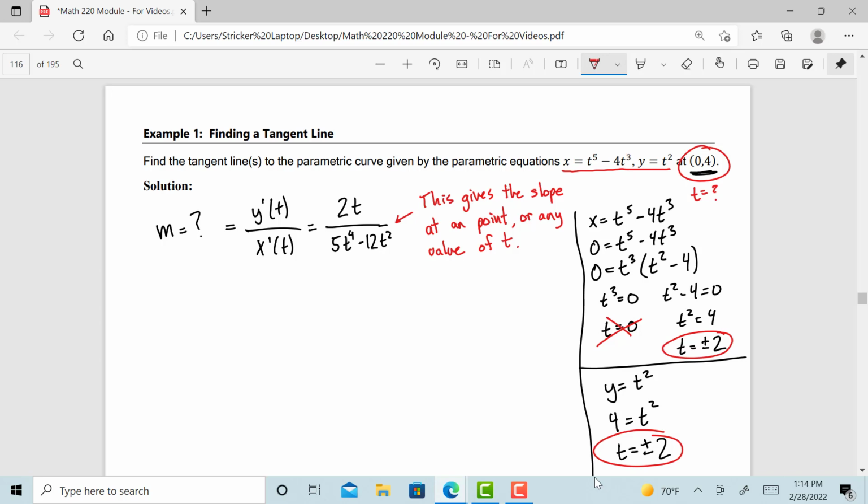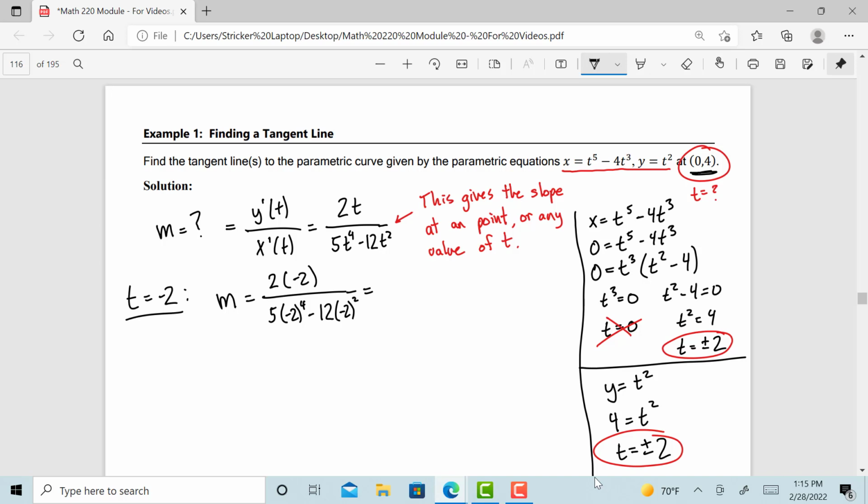So let's go ahead and see what's going on here. Let's take t equals negative 2, and let's find the slope there. At t equals negative 2, we know that m is equal to 2 times negative 2 over 5 times negative 2 to the 4th minus 12 times negative 2 squared.